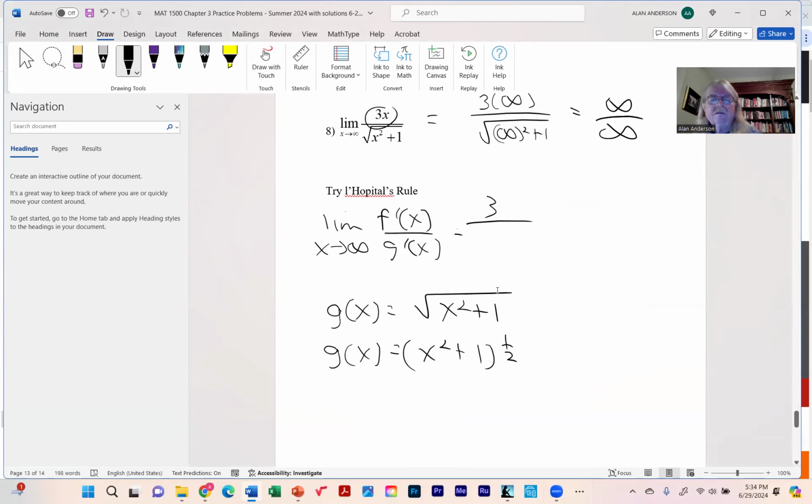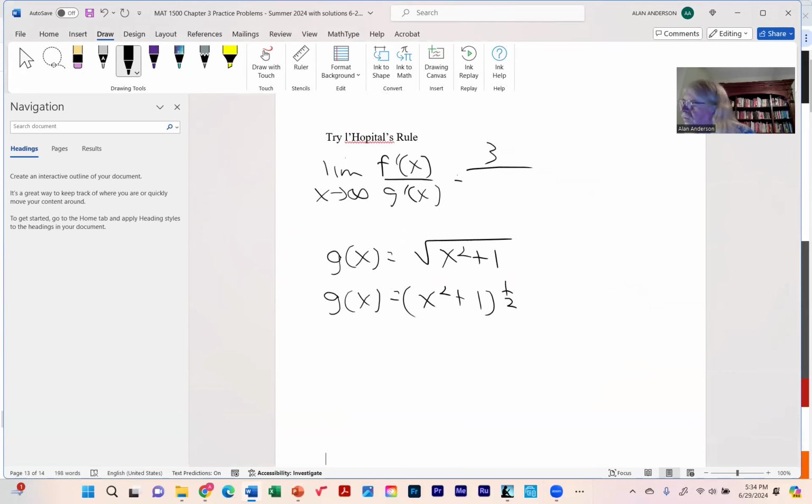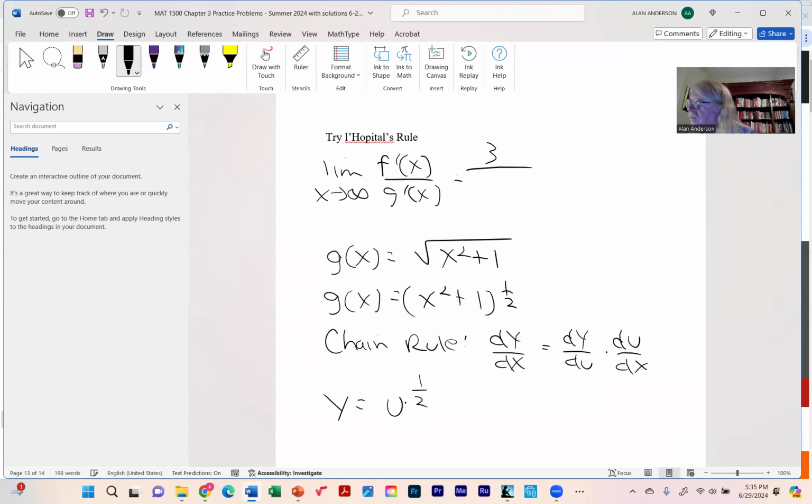So what we can do is recall the chain rule. It can be written as dy/dx equals dy/du times du/dx. So let's write this function as y equals u to the 1/2 power, where u is x squared plus 1.